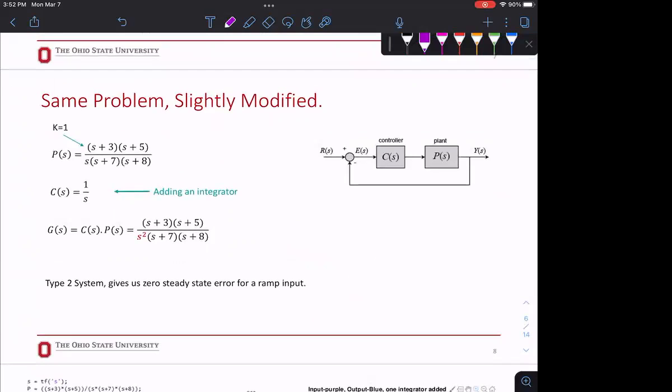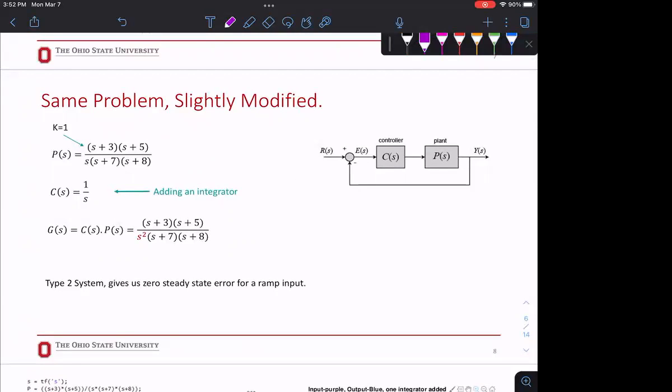Now, let's look at a different system, slightly different. K for this new system is 1. The transfer function is the same. Now, I want to add an integrator to the denominator. Let's see what happens.